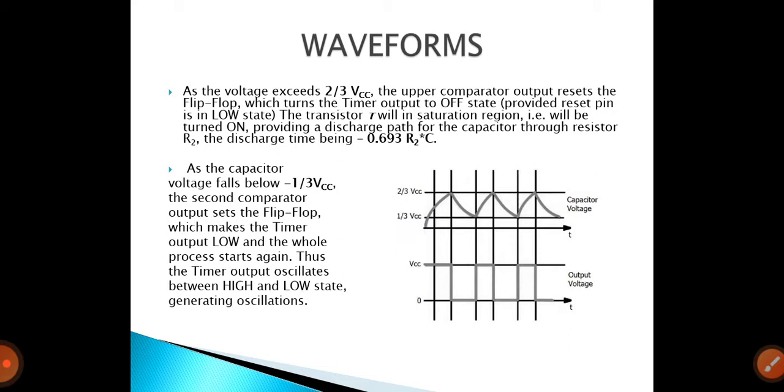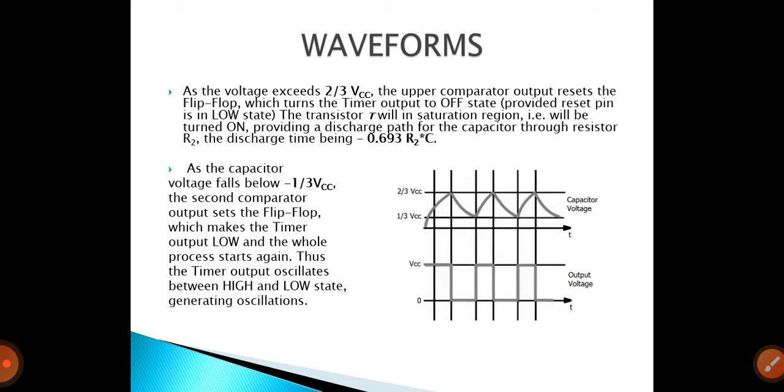Discharging time is 0.693 R2 into C. As the capacitor voltage falls below 1 by 3 of VCC, the second comparator output sets the flip-flop, which makes the timer output low, and the whole process starts again. It is continuous charging and discharging.